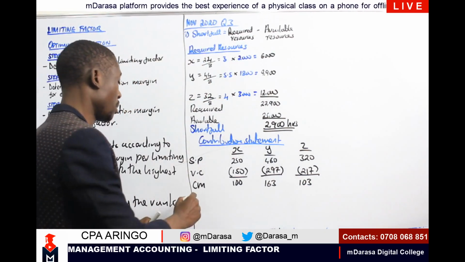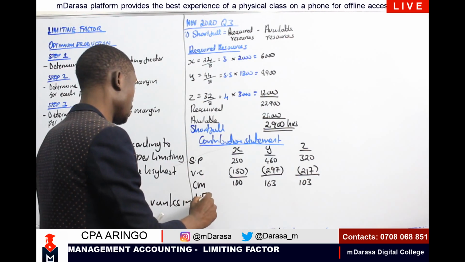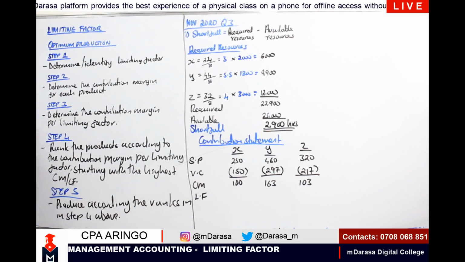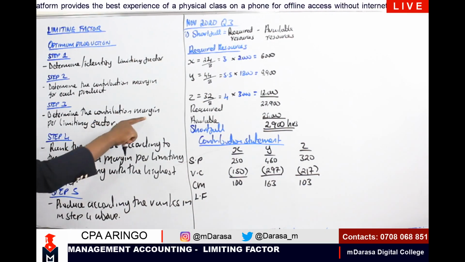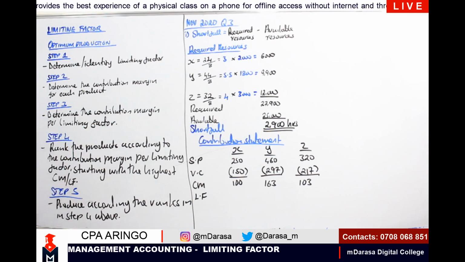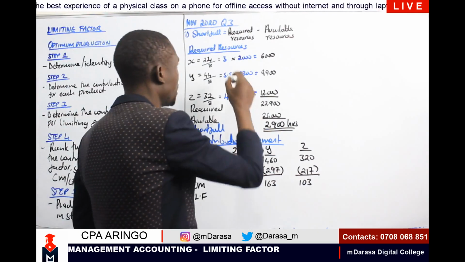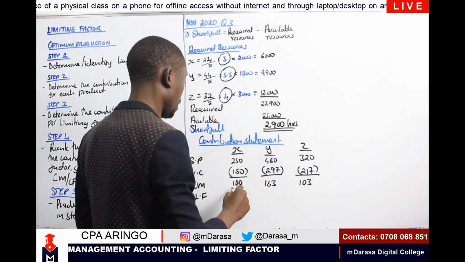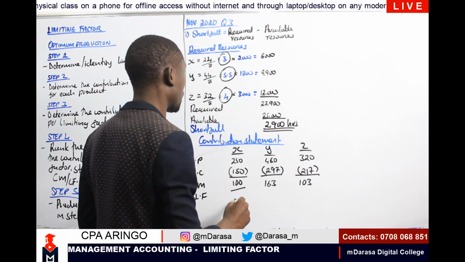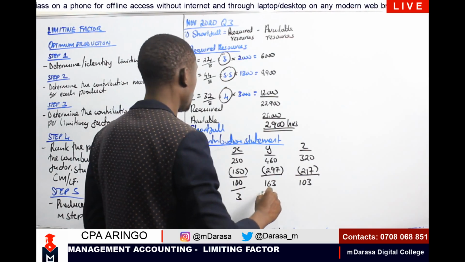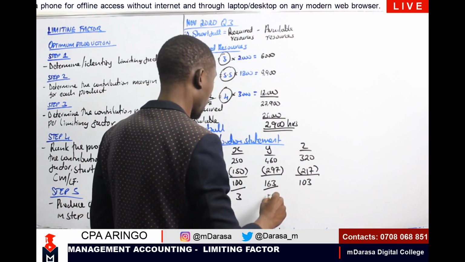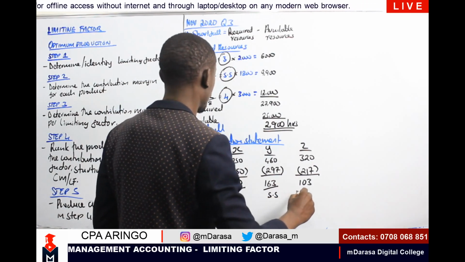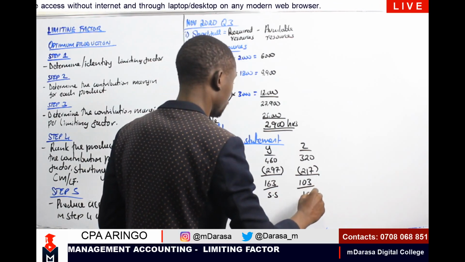What about our limiting factor, my good students? Step number 3: determine the contribution margin per limiting factor. You can clearly see that our limiting factor for product X we had 3, product Y we had 5.5, and product Z we had 4.